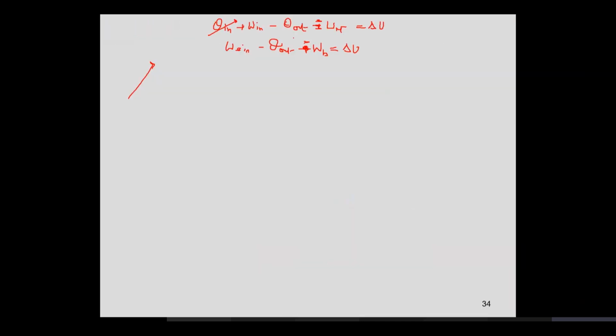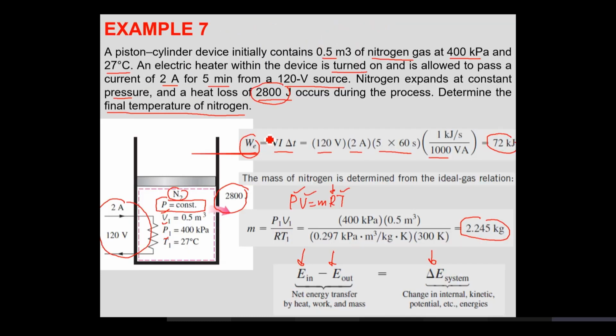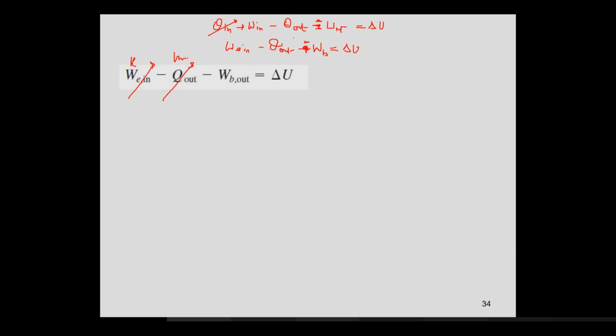So work electrical in is known, Q out is known, and since you have the boundary work and delta U, you can combine these two into delta H. And delta H can be written as mass multiplied by H2 minus H1. So this is given, this is given, mass is given.